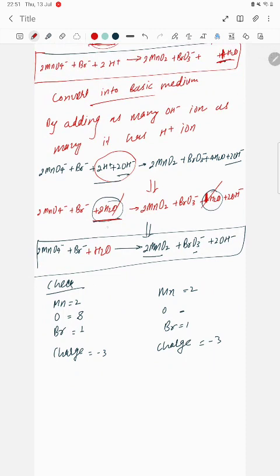Now you can see the oxygen is totally balanced: 9 oxygen here, and here 2 times 2 is 4, 4 and 3 is 7, 7 and 2 is 9. So everything is balanced. A little bit I made a mistake. Thank you very much for watching.